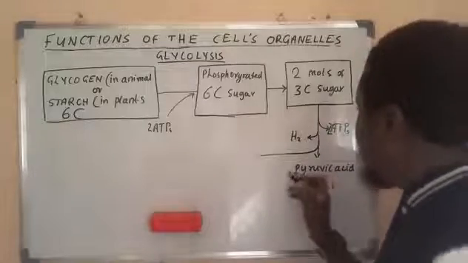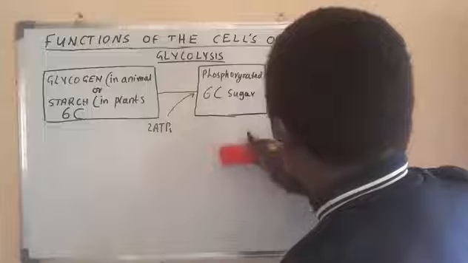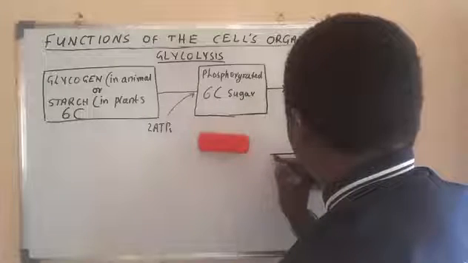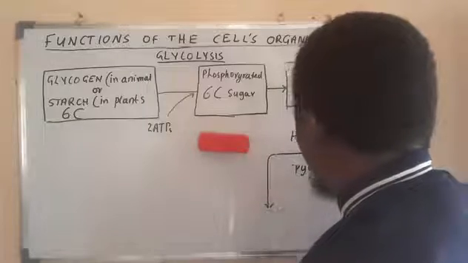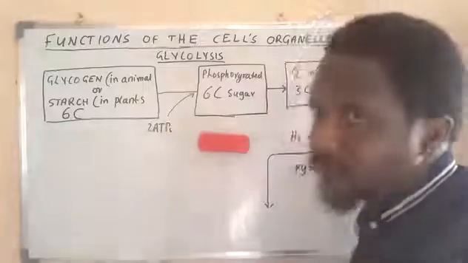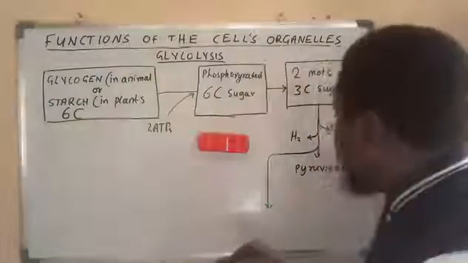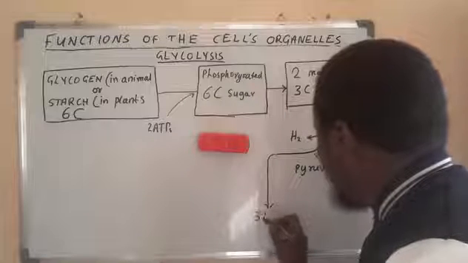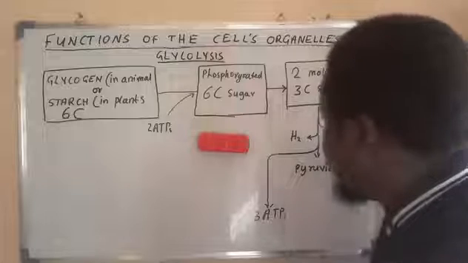If oxygen is available, this hydrogen will enter into the mitochondria, where it brings about the formation of 3 ATP molecules.